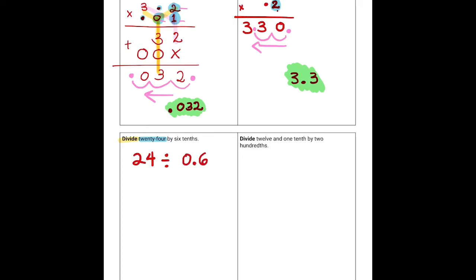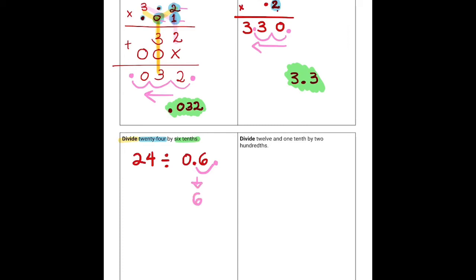Now, please remember, we cannot divide if your divisor is a decimal. This is the divisor, okay? If your divisor is a decimal, you cannot. So we need to make it into a whole number. So what I do is I just move the decimal point until I get a whole number. So if I move it once, this now becomes 6.